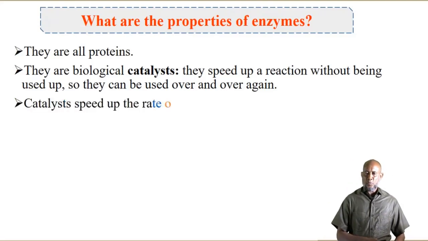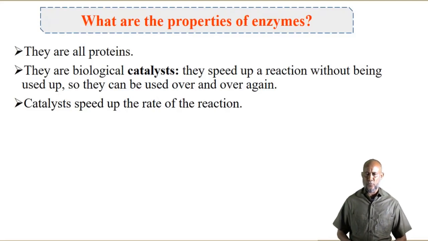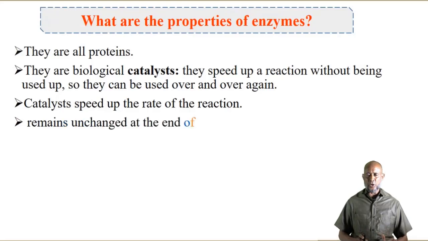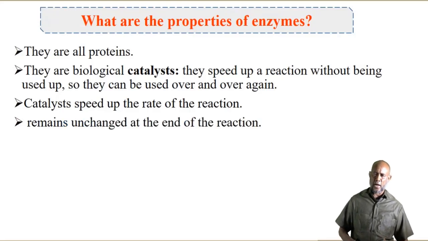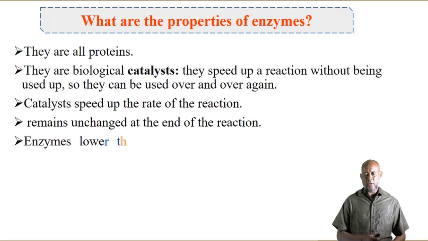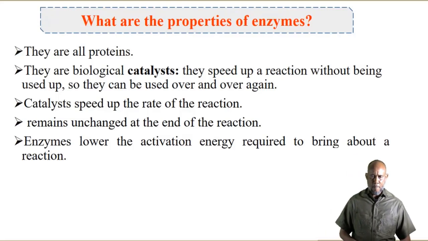Catalysts speed up the rate of the reaction and remain unchanged at the end of the reaction. That is to mean that enzymes do not become incorporated in the product, okay? They are always released after completing the reaction.